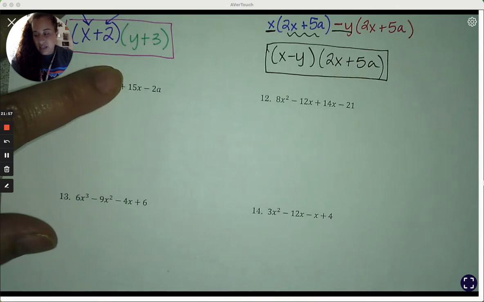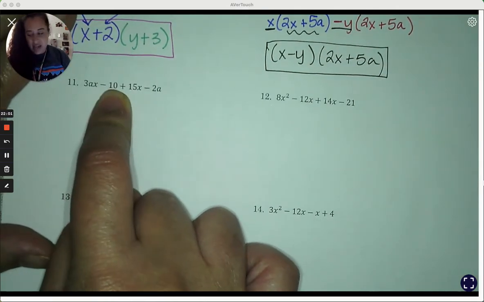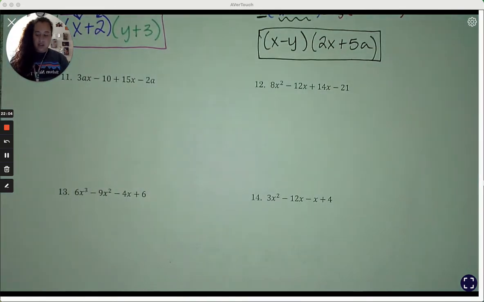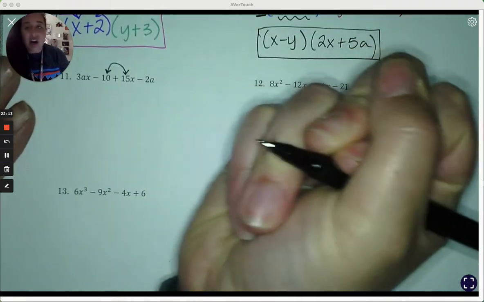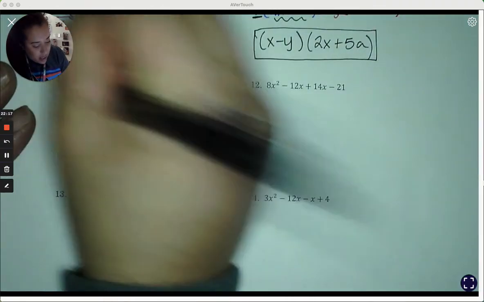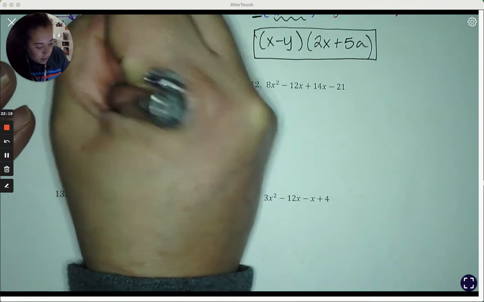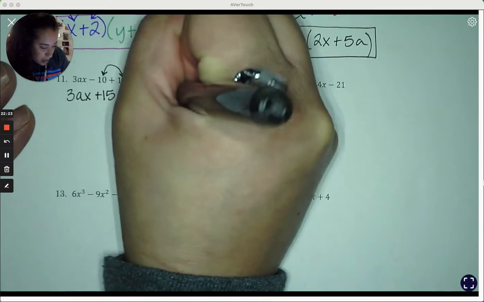But what I can do is flip the 15x and the negative 10. So when I flip all of that, I'm just going to rewrite it. So we have 3ax plus 15x minus 10 minus 2a.